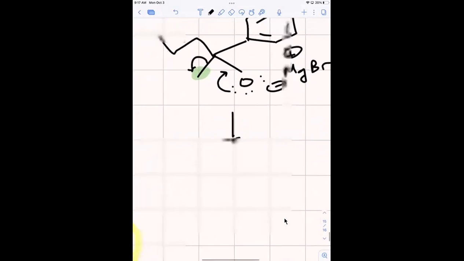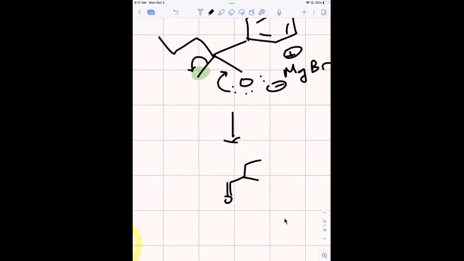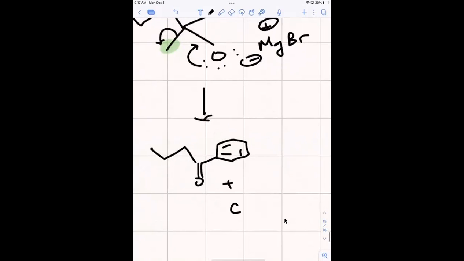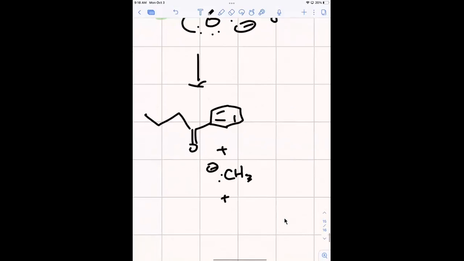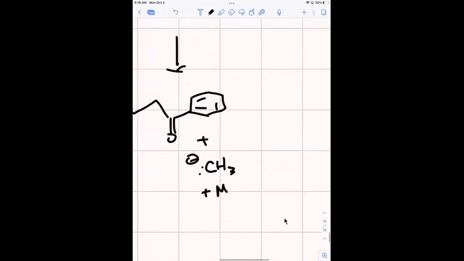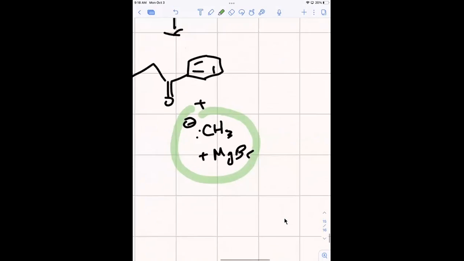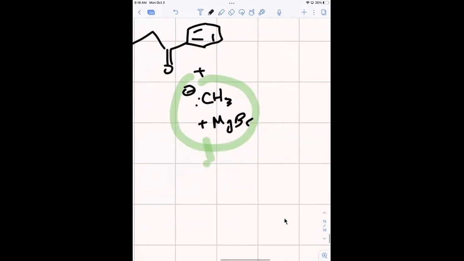It just depends on what fragment you want. So now this is my ketone, plus that, plus that. You just marry these two, turn them into a Grignard.